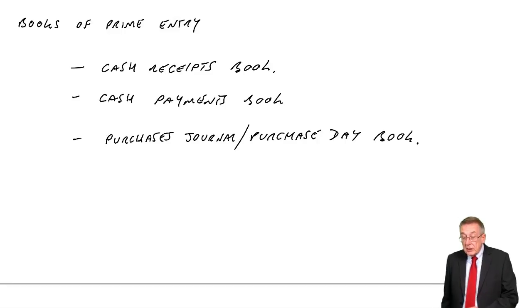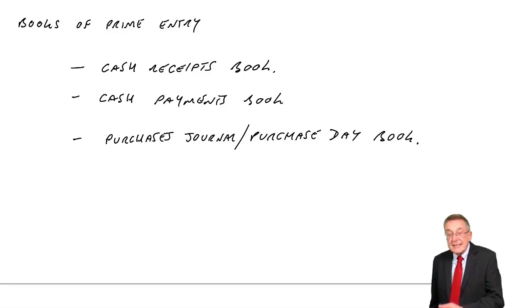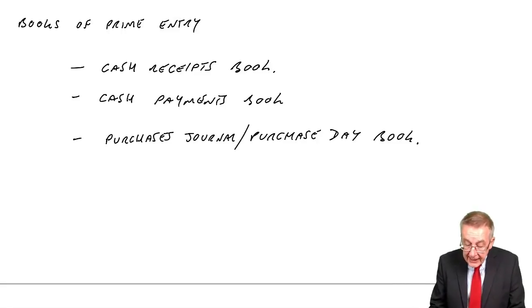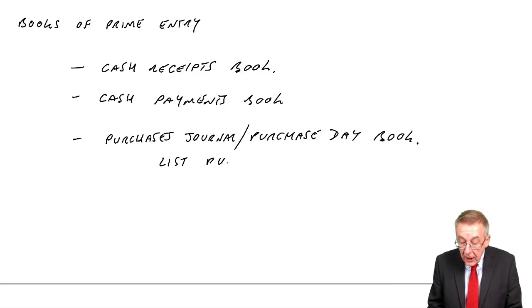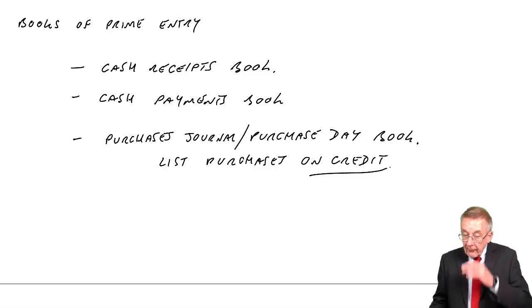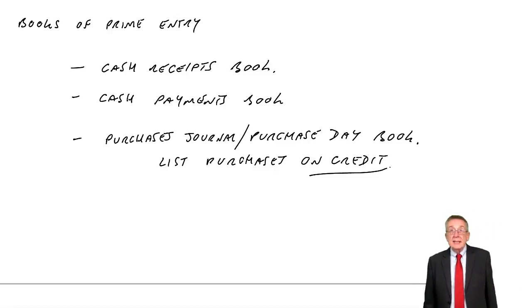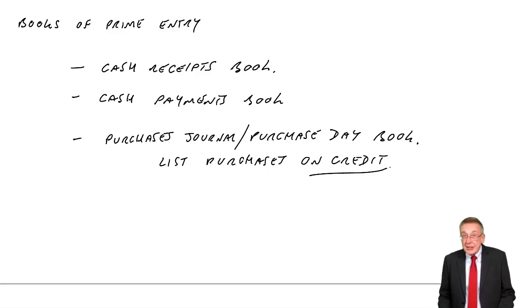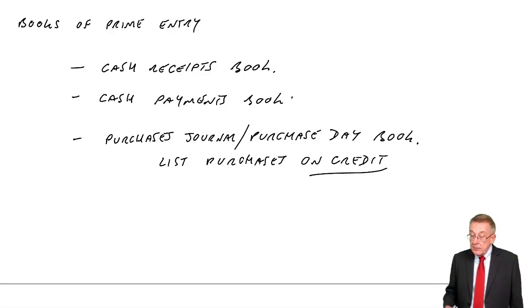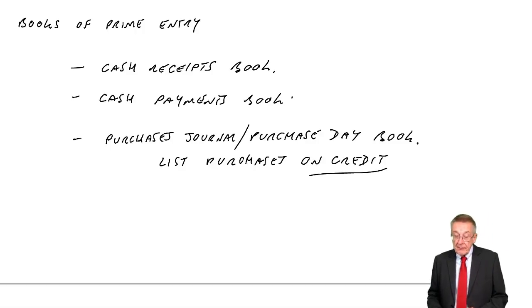But rather importantly, whatever its name is, this lists purchases on credit. Only purchases on credit. We may buy goods for cash, but then you pay in cash and it's listed in the cash payments book. The Purchases Journal, the Day Book, is only to make a note of purchases on credit.